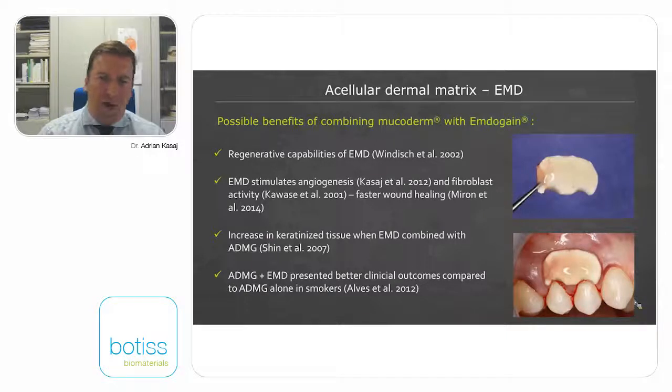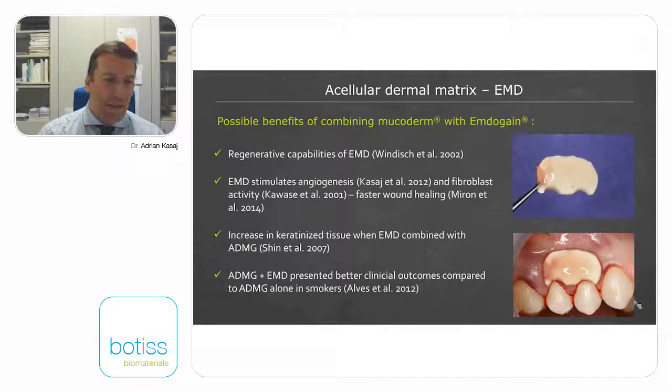So on one side, we have the regenerative capabilities of EMD, and so we might have a beneficial effect at the interface of the mucoderm and the root surface. So we could probably improve the quality of attachment.